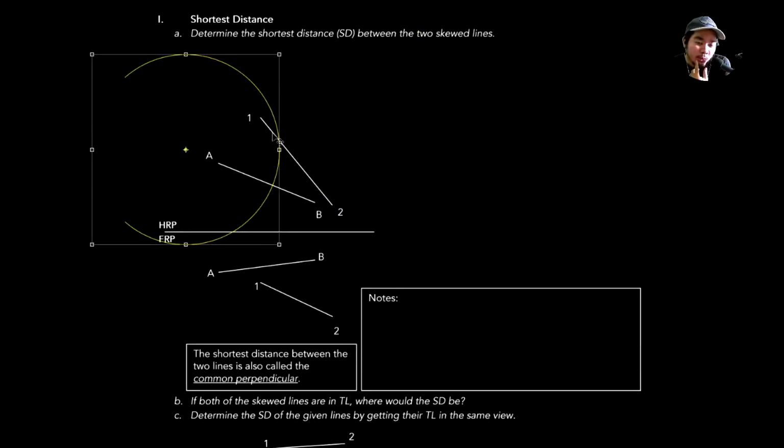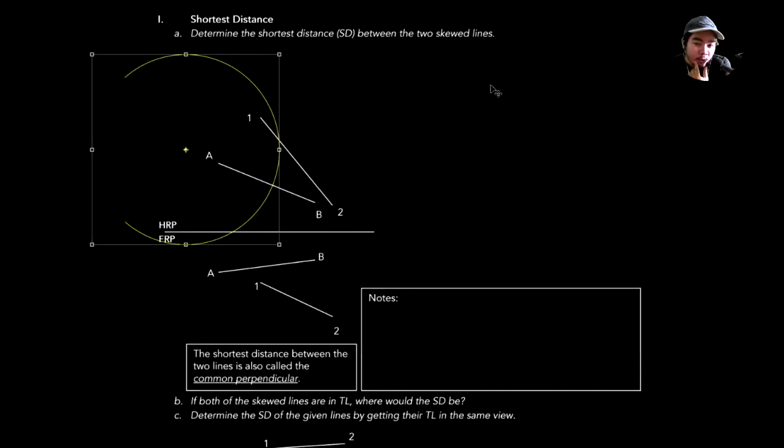Okay, so what we are essentially trying to do here is, if in-edge view natin yung arbitrary plane na na-create natin, since we purposely made it parallel to the other line, then the line will appear parallel to that edge view.